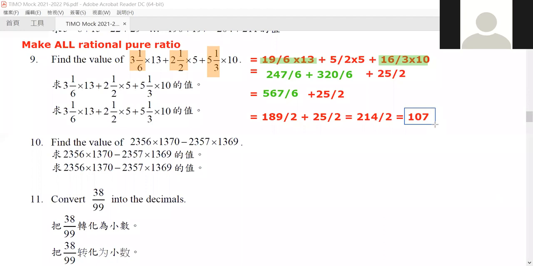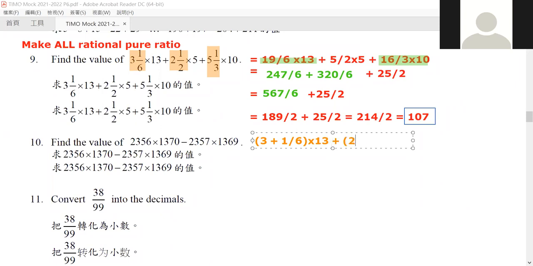Now, of course, this is not the only way of doing this. Another way of doing this is to use the distributive law to reform this answer. Now, what do you mean by that? In here, 3 and 1/6 can be written as 3 plus 1/6 and then multiplied by 13, right?